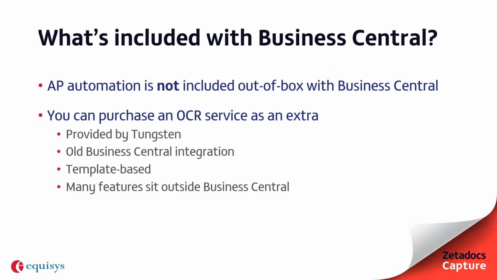OCR stands for Optical Character Recognition and is a technology that converts printed, handwritten, or typed text into machine-readable text. In other words, it extracts data from a document such as an invoice and enters it into another software such as Business Central. However, this solution offered by Tungsten is an additional cost. It's not included as part of your BC subscription.